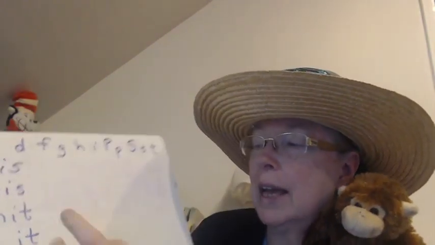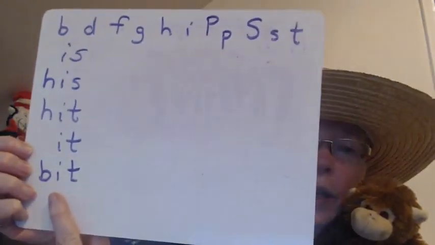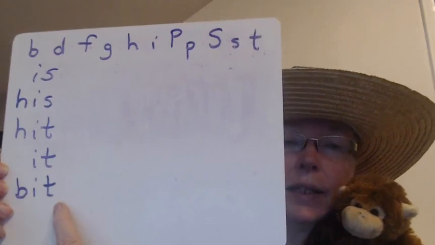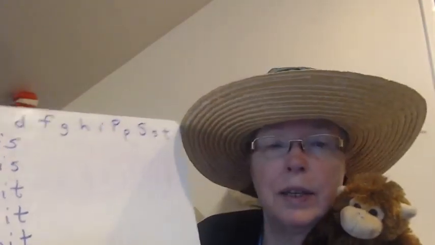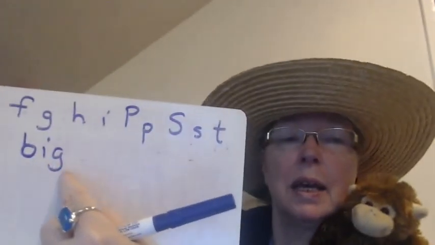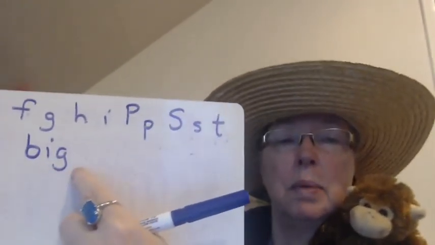All right, let's add a B in front of it. And we have another word, and that word is bit. Bit. Let's take away the T and exchange it for a G, and now we have the word big. Big.